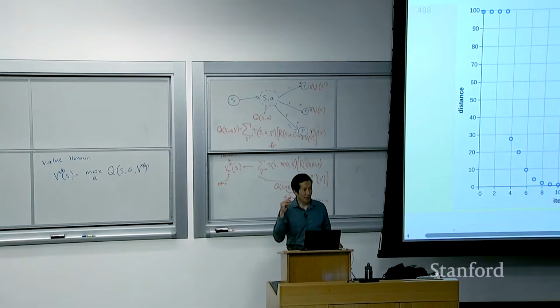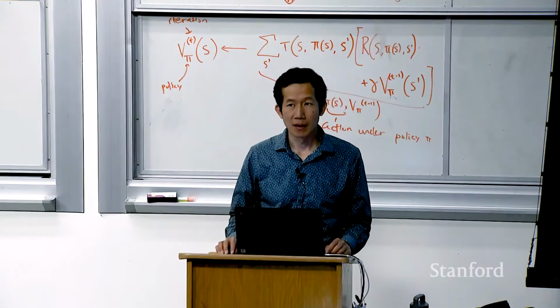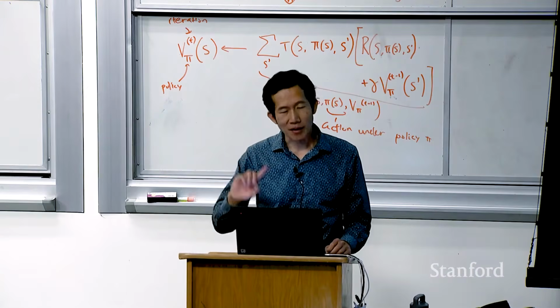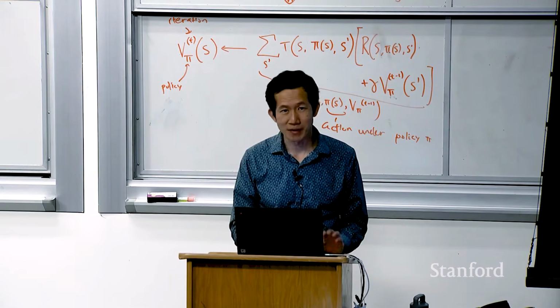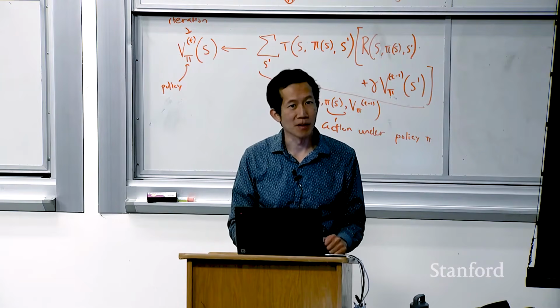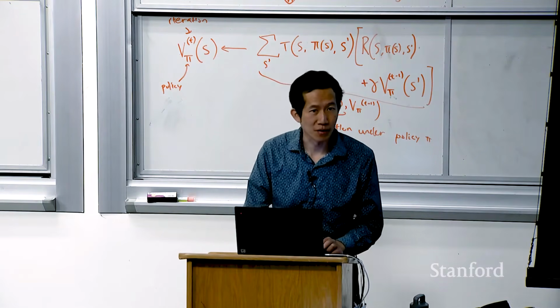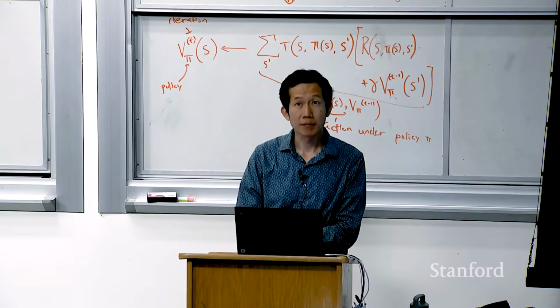Now, it's possible that a stochastic policy could reach the same optimal value. If you have two actions that have the same value, then you can take any combination of those, and that's fine. Turns out that for games next week, that's not always the case, and randomness does help for games, but for MDPs, you're fine with just choosing the deterministic policy.